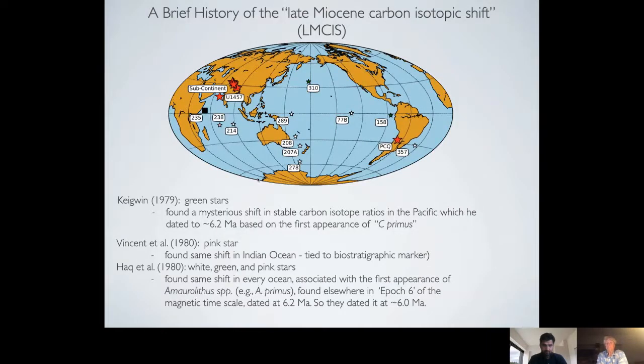Back in 1979, Lloyd Keigwin from the Woods Hole Oceanographic Institution was studying deep sea cores, and in fact, these two green stars, 310, these are Deep Sea Drilling Project cores that came from here, and he found this mysterious shift in stable carbon isotope ratios in the Pacific, and he dated them based on the first appearance of a fossil named C. primus at the time, and that had been tied to a magnetostratigraphic horizon that was dated at about 6.2 million then.